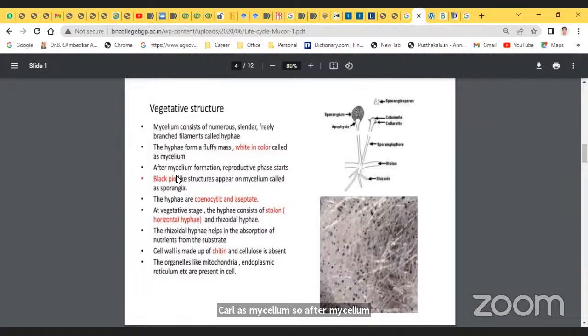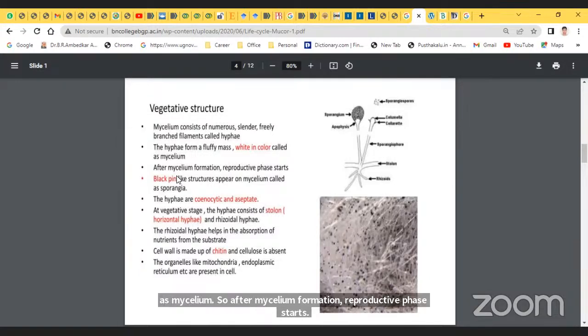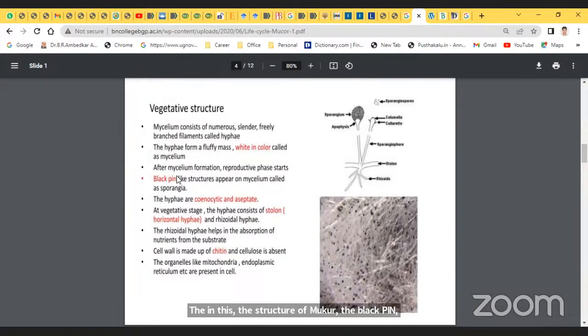The structure of Mucor: the black pin-like structures appear on the mycelium, called sporangia.